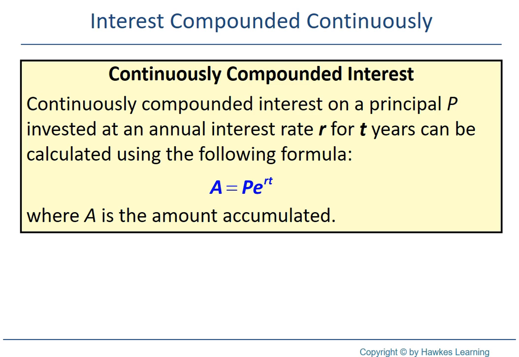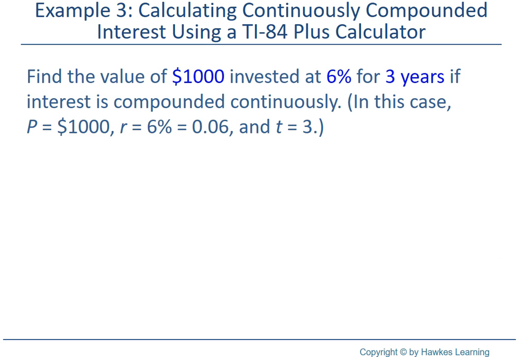All right, let's go on to the question they're going to ask us here. Find this value, and again, they're using that same model again and again, just to note the slight differences that occur. So here we have P, E, RT. So our principal is 1,000. E we're going to put in our calculator. Now, in some calculators, you have to put the caret.